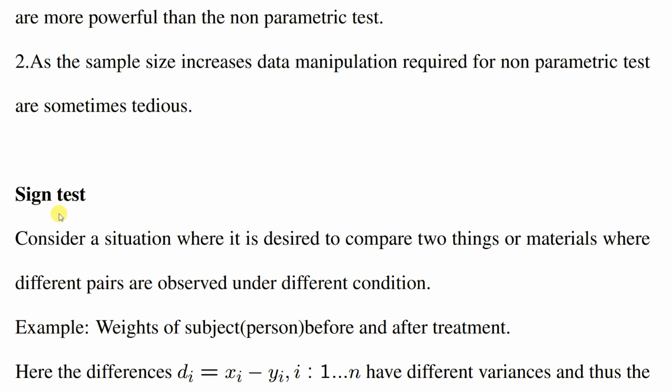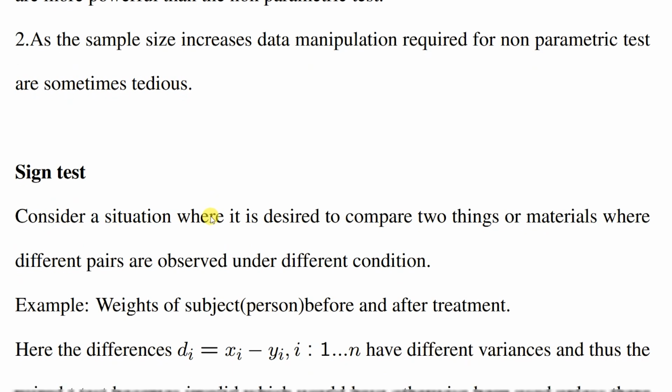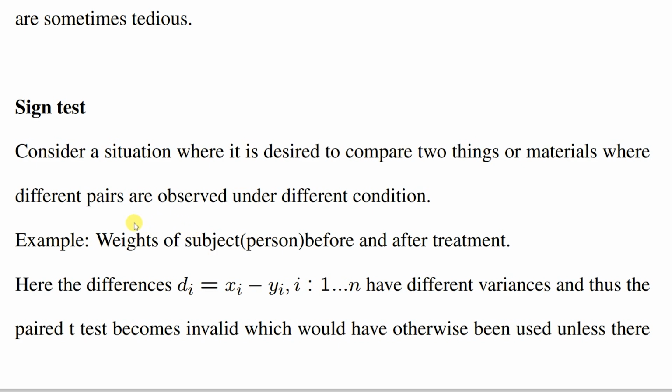So we move to the first non-parametric test, the sign test. Here we consider a situation where it is desired to compare two things or materials where different pairs are observed under different conditions. For example, weights of subjects: here we consider the weight of a person before and after some treatment.